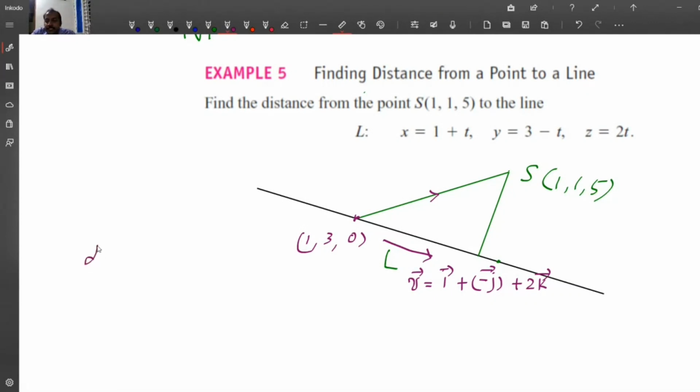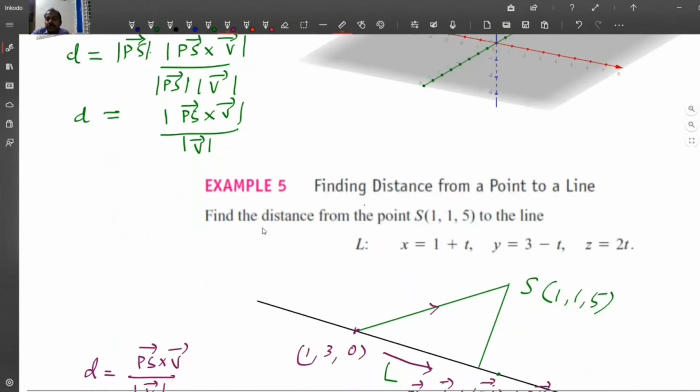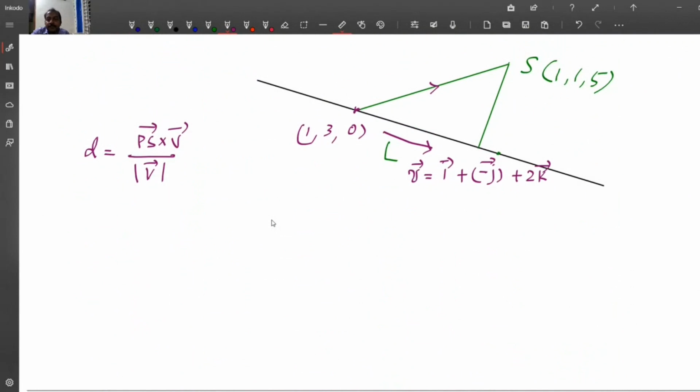So what is the distance? D is the modulus of PS cross V divided by the modulus of V.